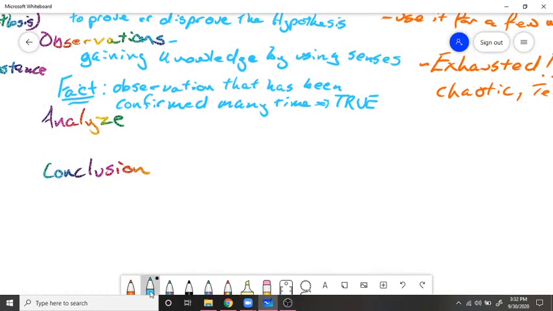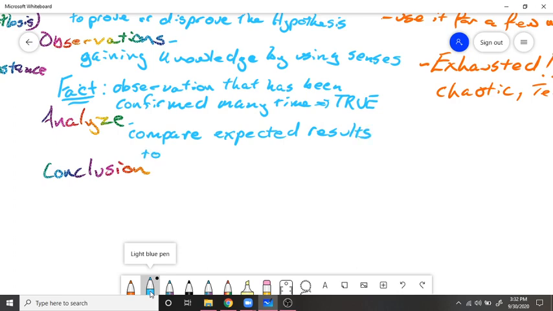The next step is to analyze your observations. To analyze your observations, you need to compare your expected results to your actual results.